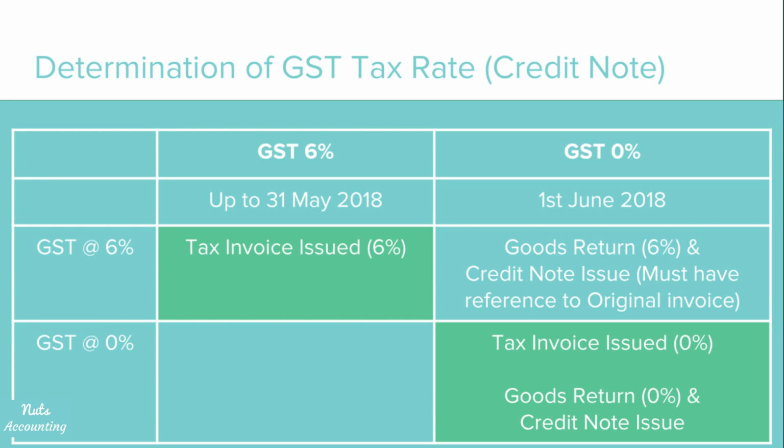But bear in mind that one of the criteria of the credit note you are issuing is that it must have reference to the original invoice. So don't simply issue a 0% credit note because it's already 1st of June. You must really find out when this particular good was purchased and whether GST was charged or not.